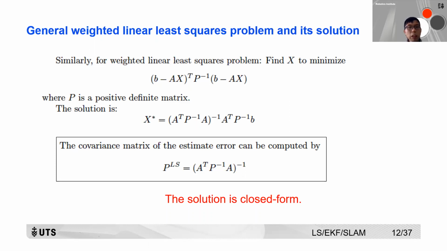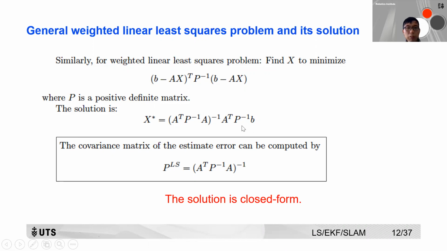Similarly, when we have weights, we can put the weight in between B minus AX transpose and B minus AX. So this P is a positive definite matrix. And then the solution is also given in this closed form.